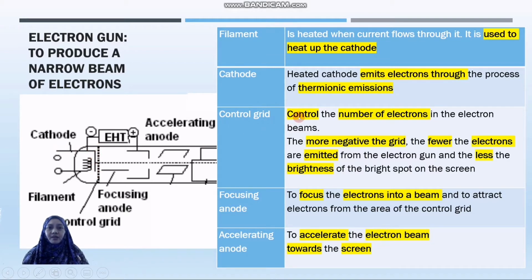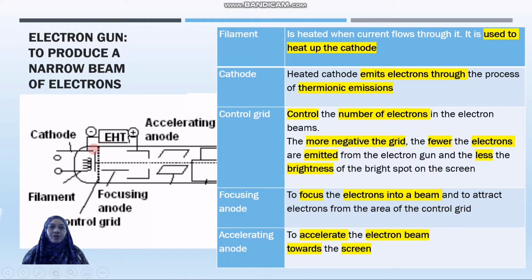This control grid is used to control the number of electrons emitted from the cathode. And the more negative the grid is, the fewer electrons will be emitted from the electron gun, which means the brightness of the bright spot appearing on the screen will be less. Okay, then the focusing anode. This focusing anode is used to focus the electrons into a beam and to attract electrons from the area of the control grid.